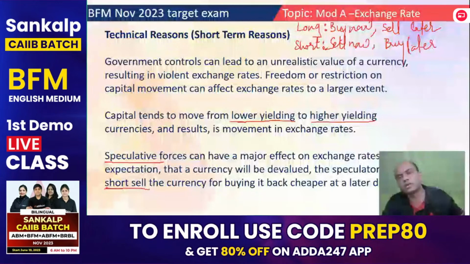Suppose tomorrow you come to know that the rate of the flat will be going down. Will you invest in that flat? No one will. Suppose I tell you this Reliance share is going to go down, will you invest in the Reliance share? No. So everyone follows a long position when that person expects the rate of that commodity to go up in the future.